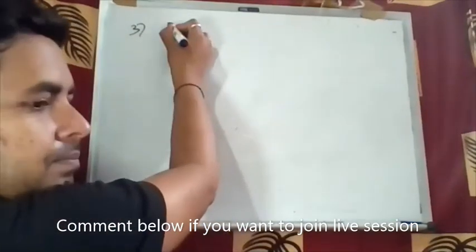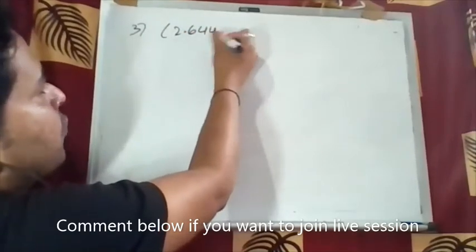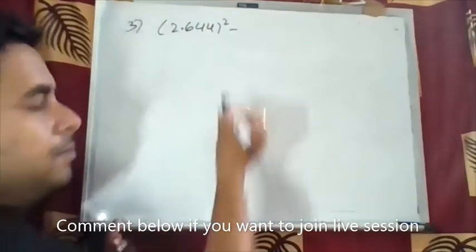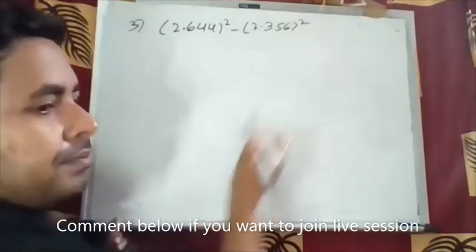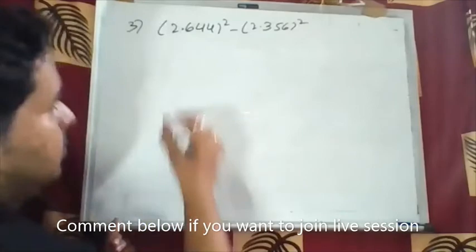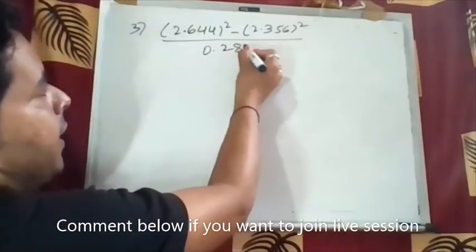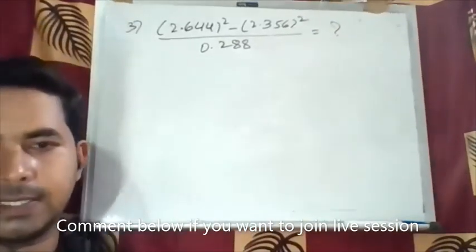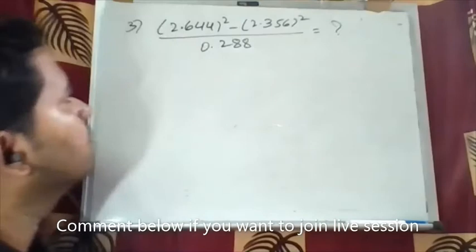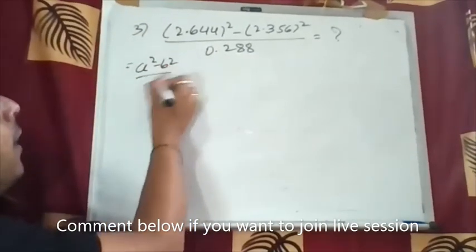Third one: 2.644 square minus 2.356 square divided by 0.288. What will be the value? Try this. This is also in the form of a square minus b square divided by a minus b.